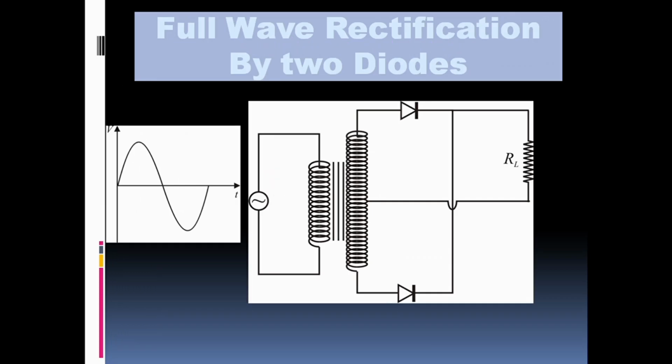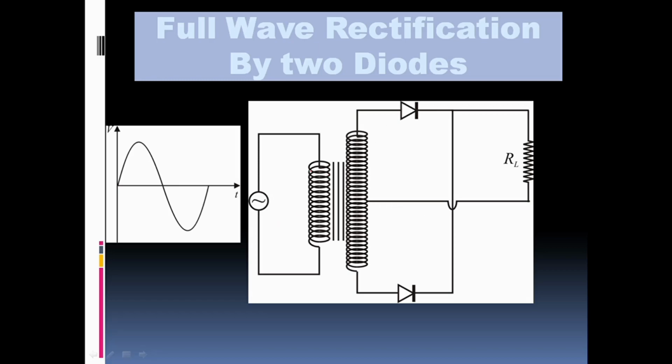Now here we have another circuit which can be used for full wave rectification. The specialty of this circuit is that it uses only two diodes, and here I have shown you the transformer. This is the alternating source. This type of transformer is specially called a center tap transformer because the center of the secondary coil has been tapped with a conductor.